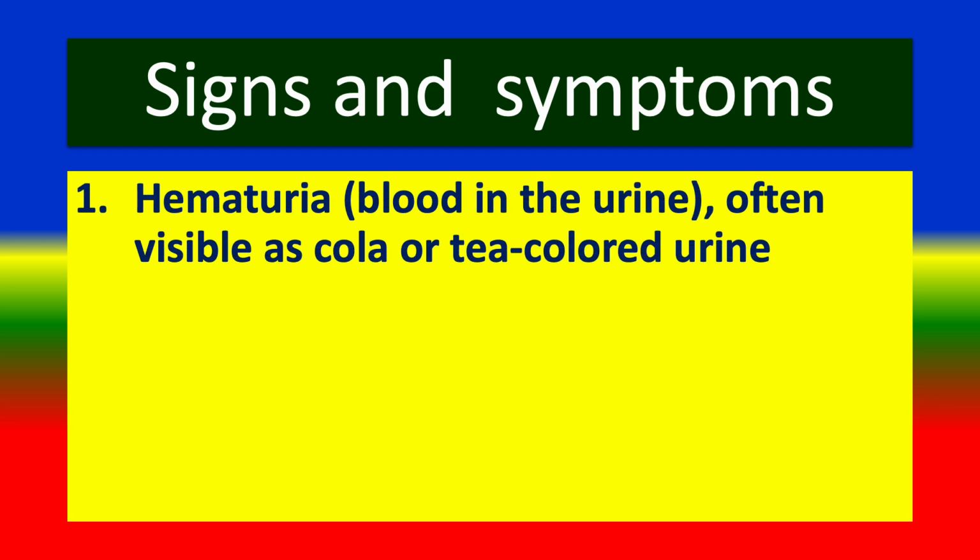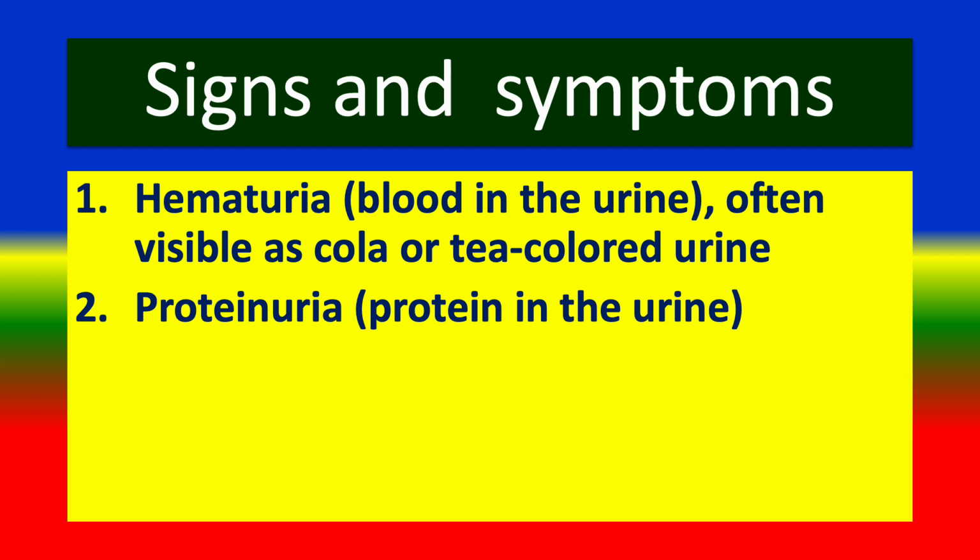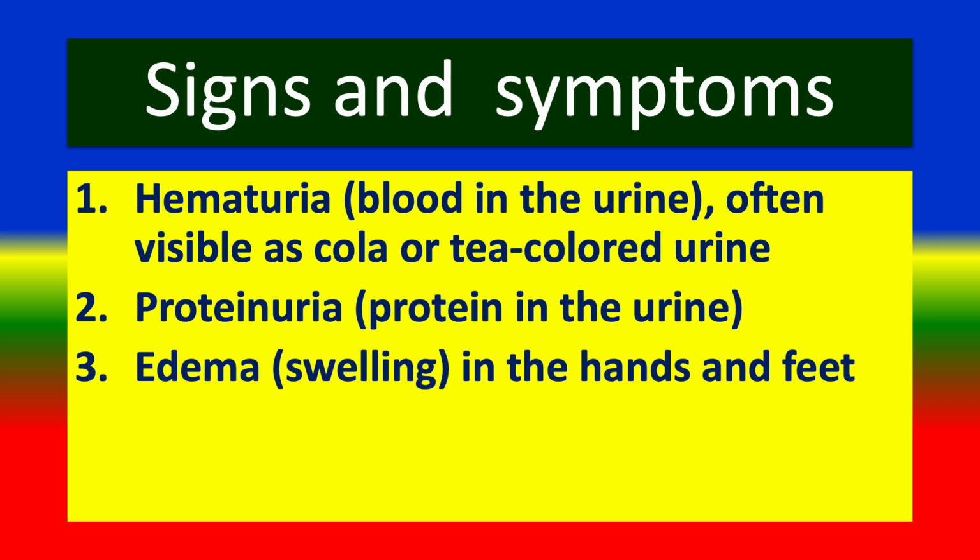Signs and symptoms. 1. Hematuria, blood in the urine, often visible as cola or tea-colored urine. 2. Proteinuria, protein in the urine. 3.